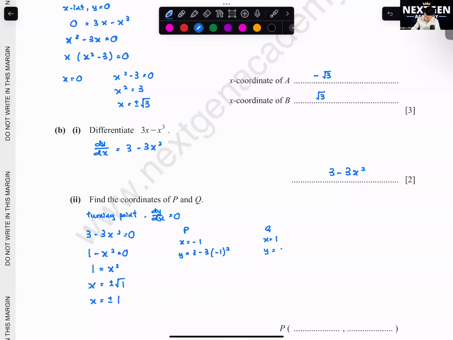Y here, 3 minus 3 times 1 squared. Okay, so here is 3 times 1. Okay, hold on. I'm writing something wrong. Why I got one extra 3? 3 minus 1. This is 2. 3 minus 1.